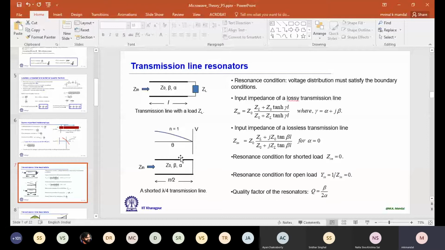If you have a string tied at both ends, then for first resonance, you know that the string length is half wavelength, right? And it is coming from the boundary condition. For the string case, since it is tied at both ends, the displacement should be 0. Considering displacement is 0, if I fit a sinusoidal curve on the string, we can have half of a sinusoidal curve. So we have a standing wave pattern basically on the string.